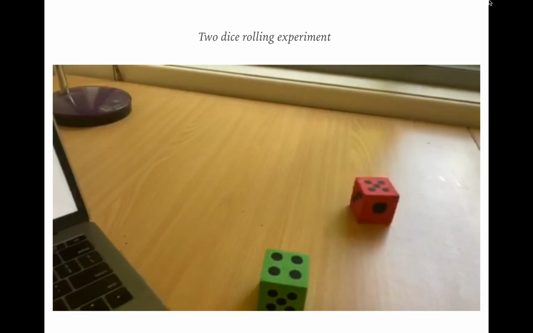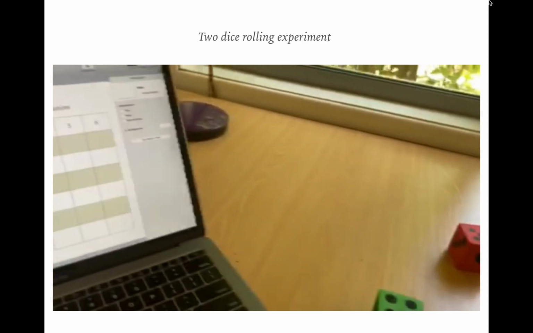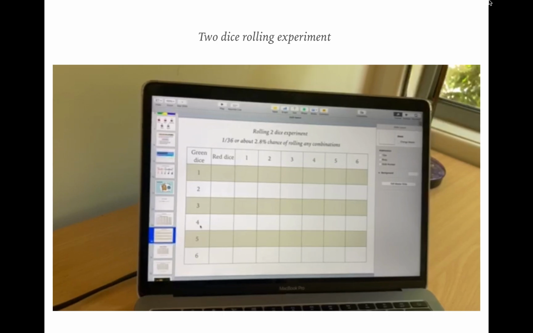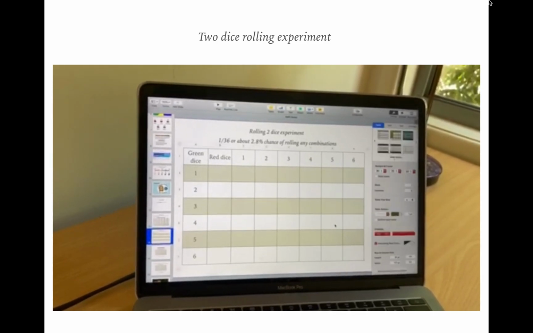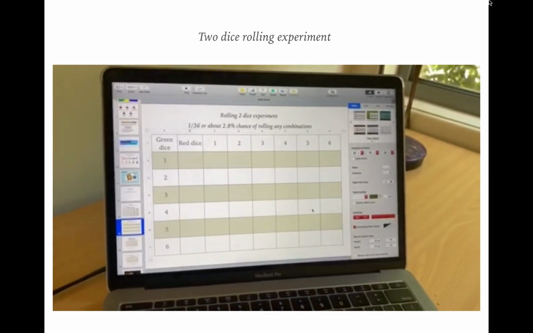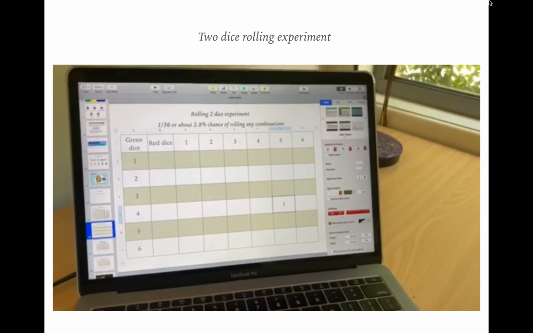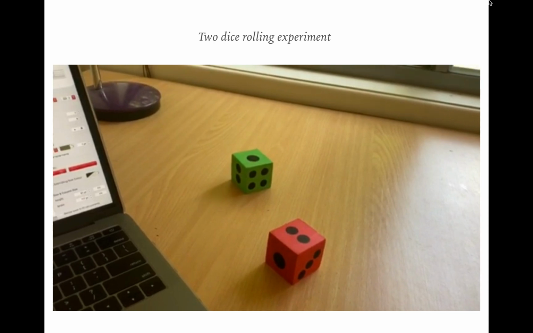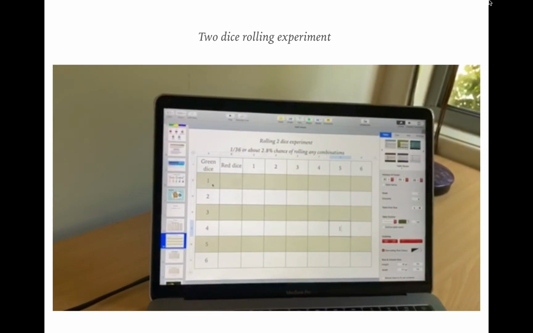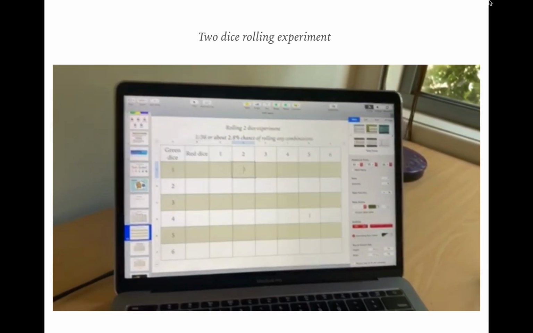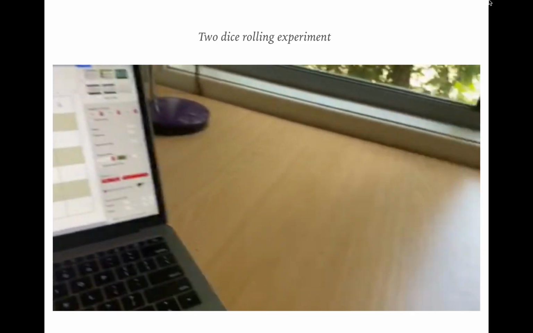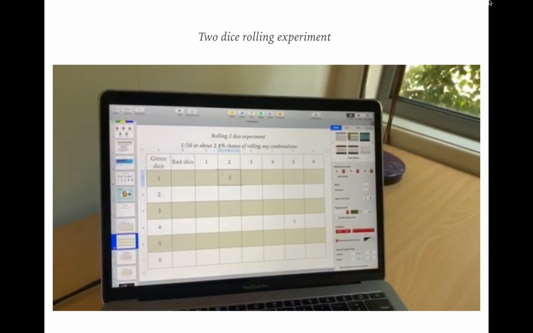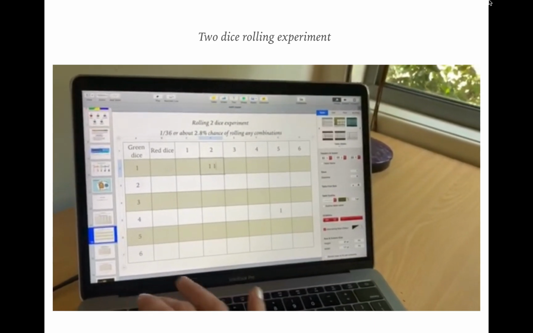So first one, we have 5 and 4. We just find 4 on here, and then 5 on here, and we write 1. Alright, next one. We have 1 and 2. So we quickly find here 1 and 2. Next one. 1 and 2 again. Wow, well that was quite unlikely.